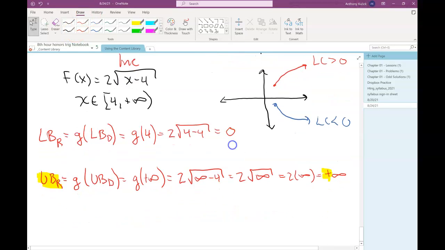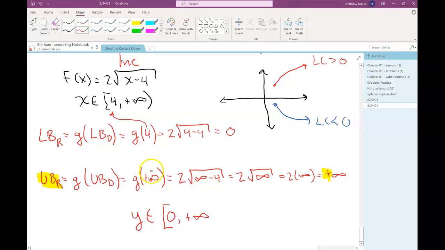Cool. Okay. So now we just need to piece this together. I'm going to have 0 to positive infinity as my lower and my upper. Now to determine whether they're brackets or parentheses, I look at my domain. So to get the 0, I did g of 4. And since 4 had a bracket, 0 should have a bracket.